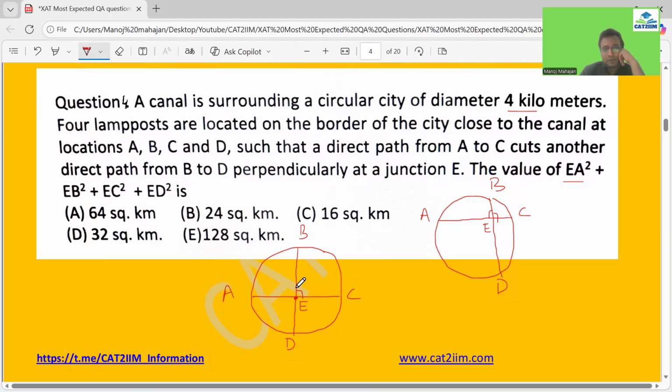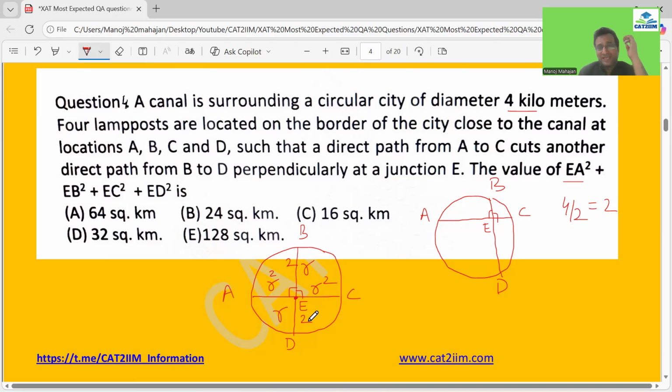And this we can take as perpendicular. So if E is the center of the circle, all of these will become what? Radius, right? So over here, the radius given is not 4. That could be a mistake. That's a diameter. So 4 divided by 2 would be 2. So this is 2, this is 2, this is 2, and this is 2.